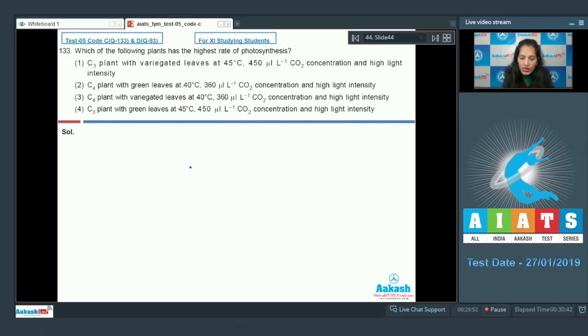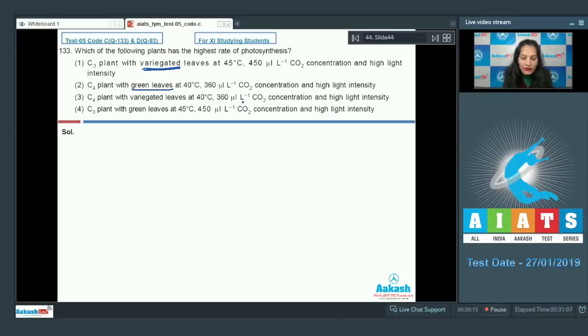Please put some attention and see that in the questions the leaves can be variegated or they can be green. Variegated leaves are not completely green leaves. They have patches of chlorophyll. So they appear somewhere green and somewhere white or yellow, yellow due to absence of chlorophyll over there.